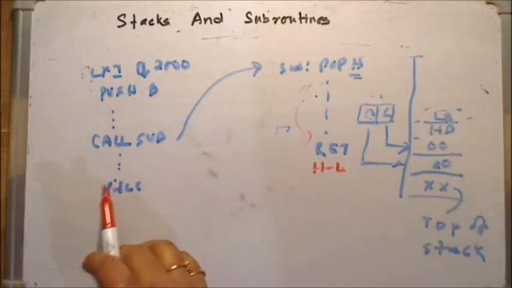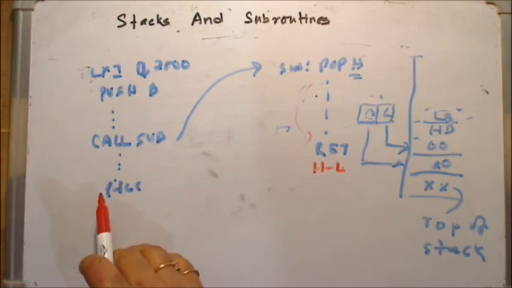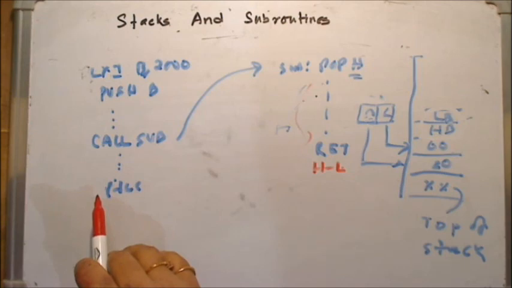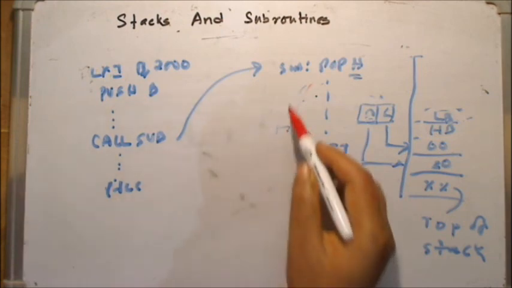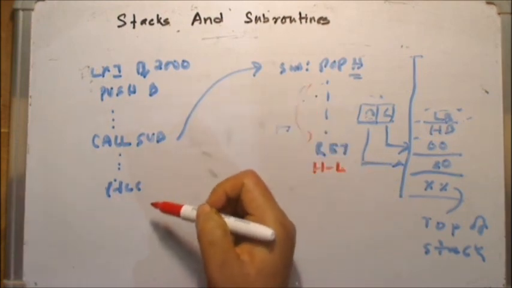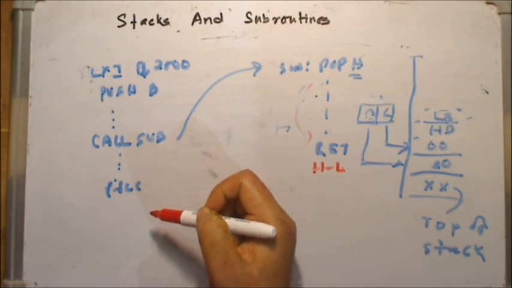So to access the parameter, above the parameter the return address has been stored. So to access the parameter, you get the return address and then access the parameter. So first pop H. What will you do by pop H?